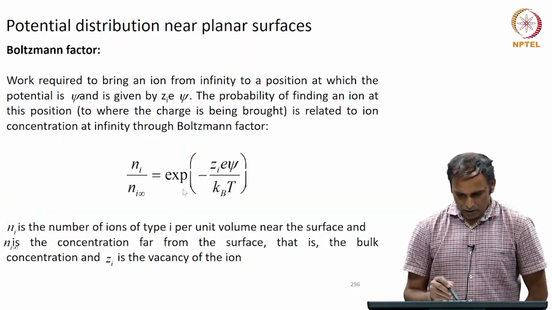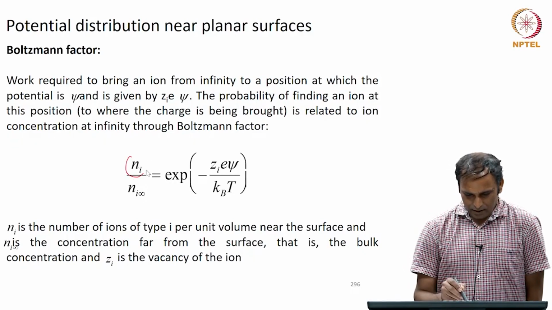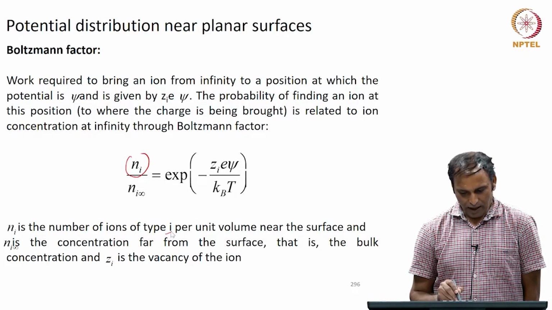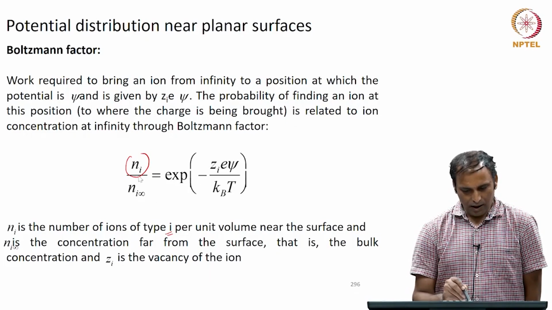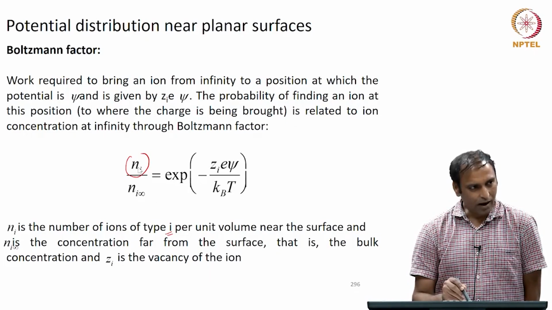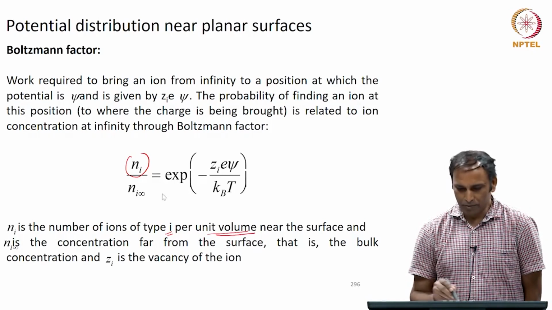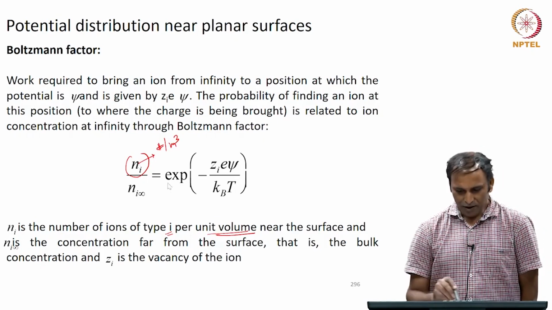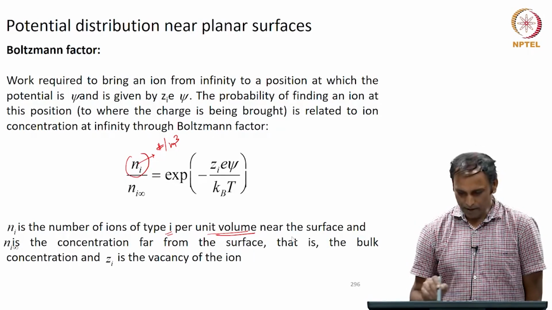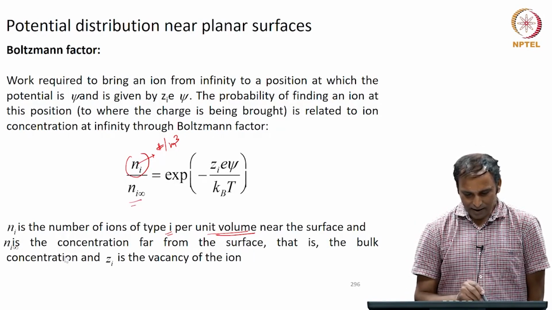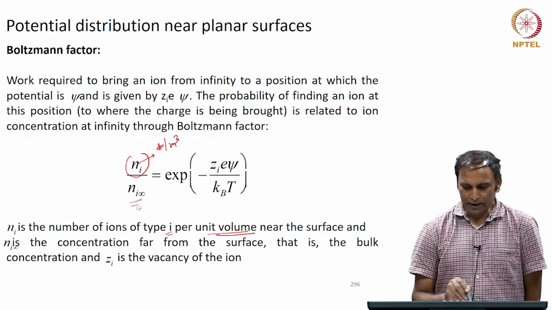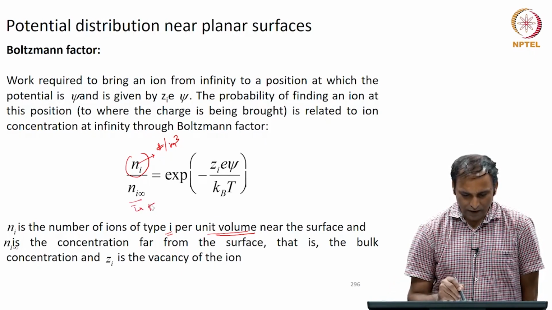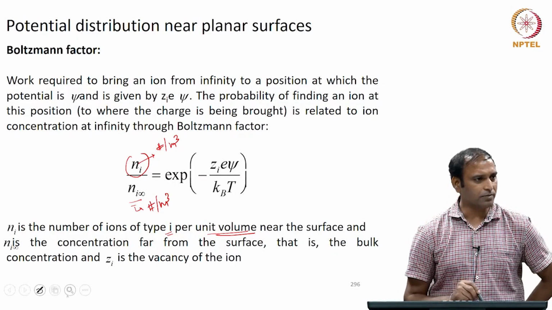So, what is written here is Ni, the number of ions of type i, per unit volume near the surface, so the units of this are number per volume. Ni infinity is the concentration of the ions at a distance very far away from the surface, again with units of number per unit volume.